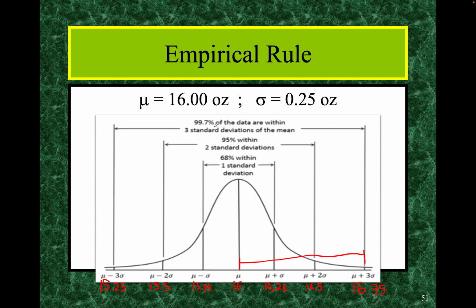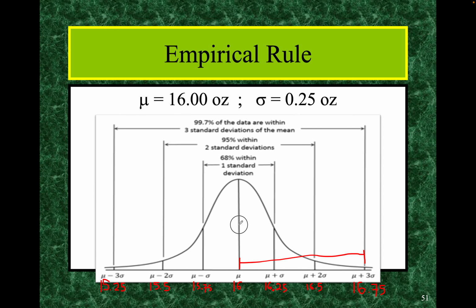So 99.7 divided by 2 is going to be 49.85, or rather 49.4, since this is 100 minus 0.6, so that's 49.4 for this one.